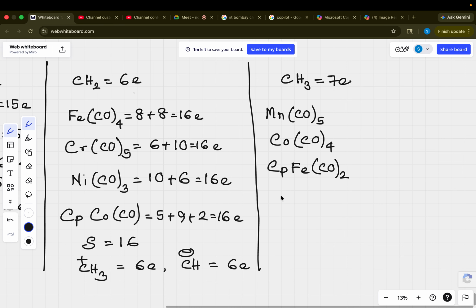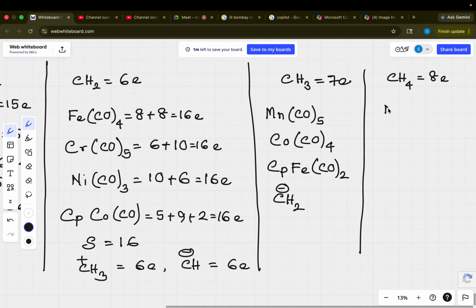Fine. Now suppose you have CH2 minus, this is also fine. So this is your CH3. Next, suppose you have CH4, so here you will get 8 electrons.